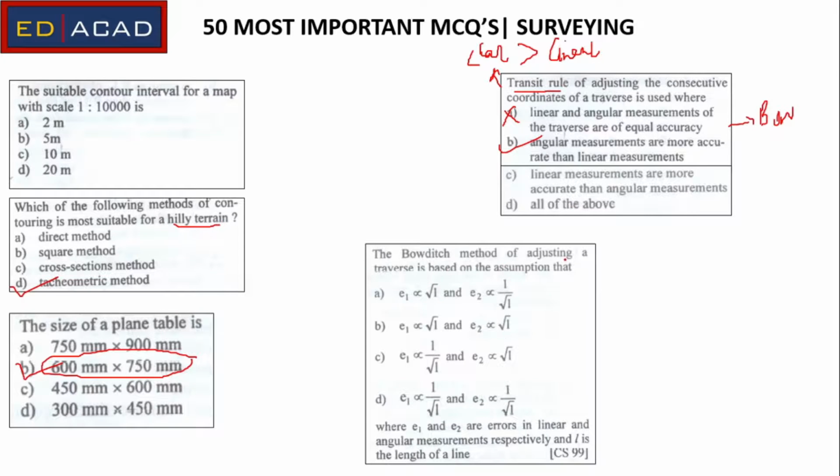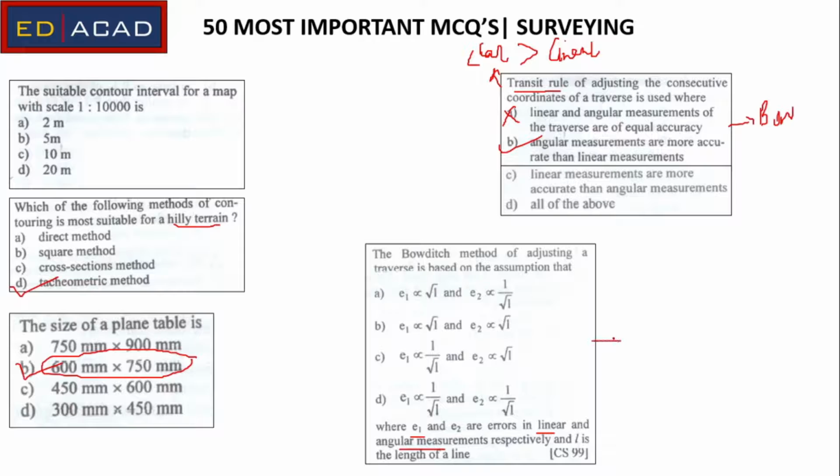The Bowditch method of adjusting a traverse is based on the assumption that E1 is, okay, these all options are there, where E1 and E2 are the errors in linear and angular measurements respectively, and L is the length of a line. So E1 is the error in the linear measurement and E2 is the error in the angular measurement.